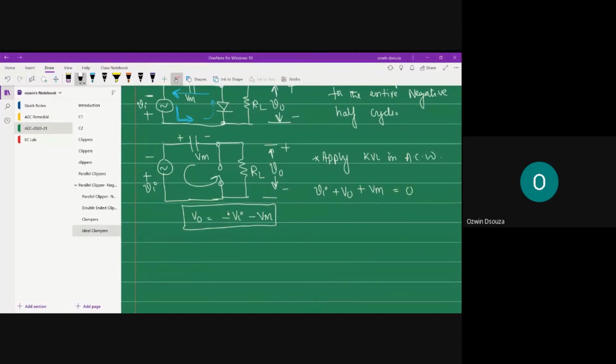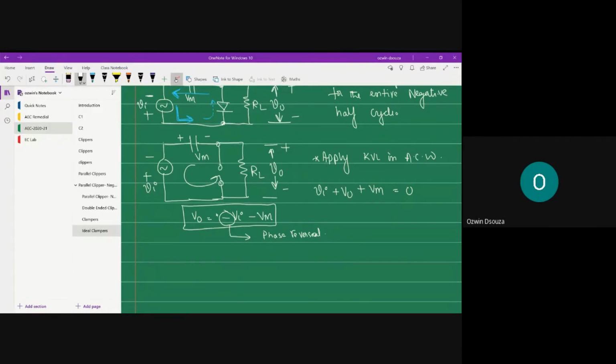This negative sign indicates phase reversal. That means to say the signal has changed its direction.